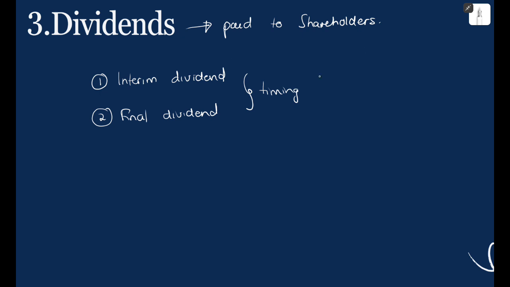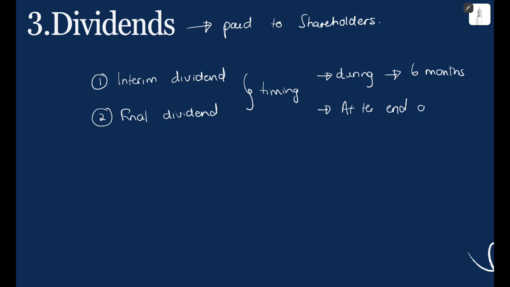So your interim dividend is paid during the year, usually after the first 6 months, so halfway through the year. That's when your interim dividend will be paid, right? Usually, it doesn't really have to be after 6 months. It can be any time within the year, right? It's an interim dividend. Then your final dividend is paid at the end of the year.